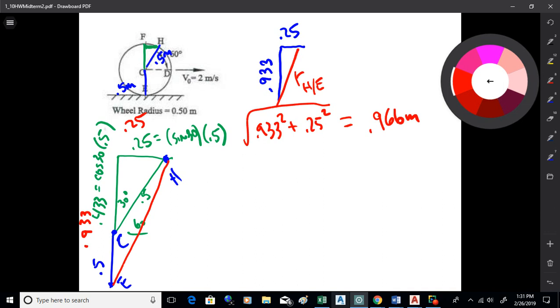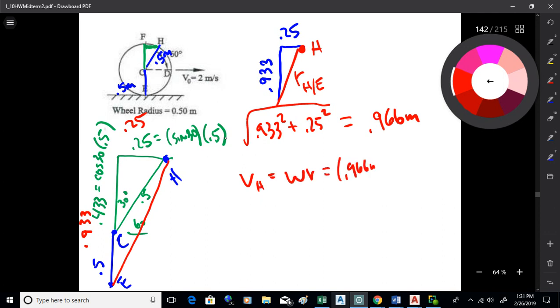And so then if you want to find the velocity of point H, what you're going to do is go omega r, and that's 0.966 meters. Whoops, that's r. So I'll put omega in there first. Omega is 4 radians per second. And then r is 0.966 meters.